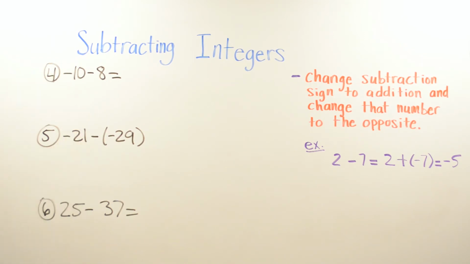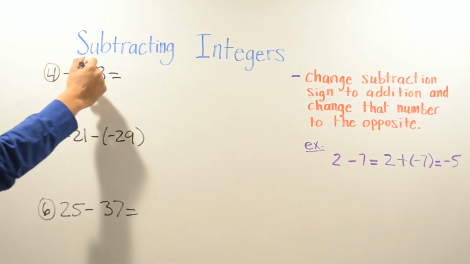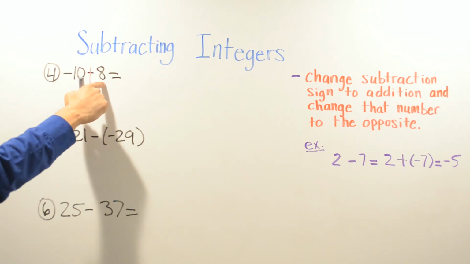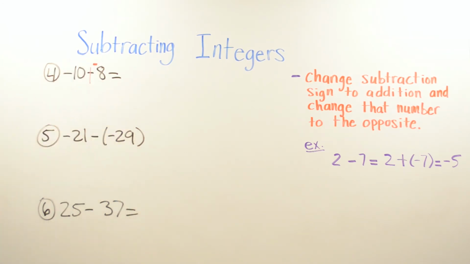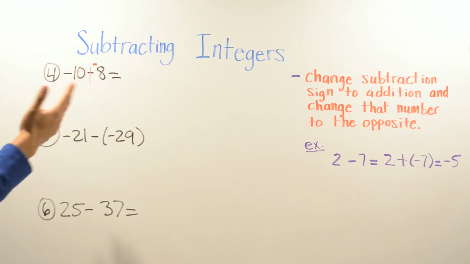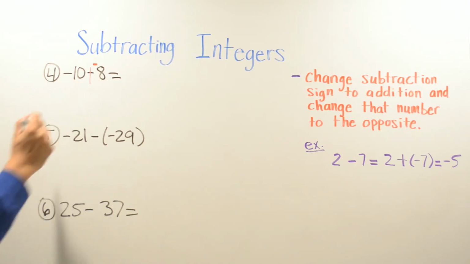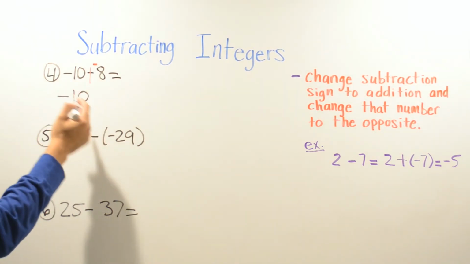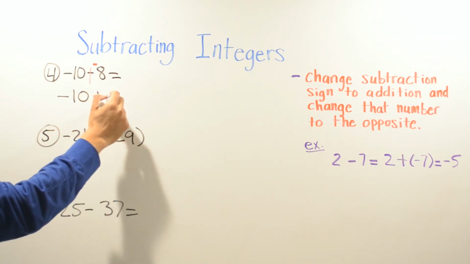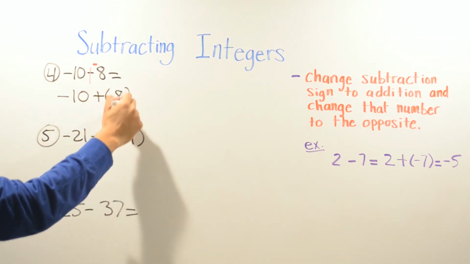So we have negative, same thing. We're going to change that to a positive, and then we turn that into a negative because we change to the opposite, whatever the number is. So we had 8, so we're going to do negative 8. Now we have two of the same sign. Now you don't need to write the extra step that I'm doing all the time. Negative 10 plus negative 8 equals.